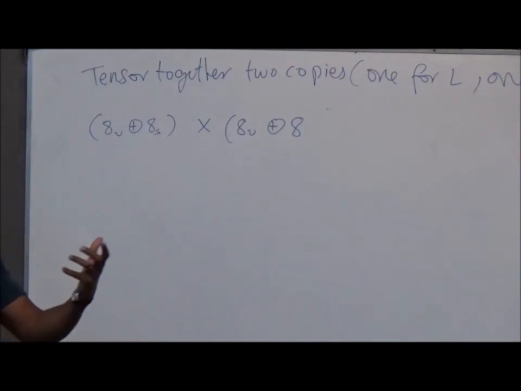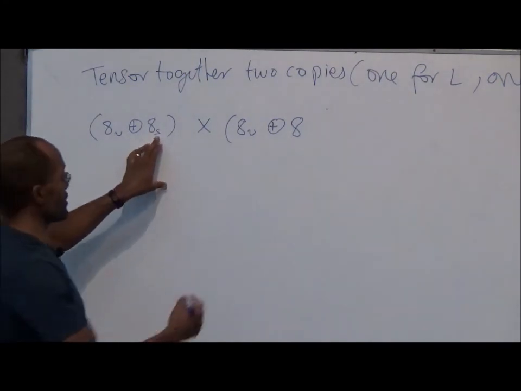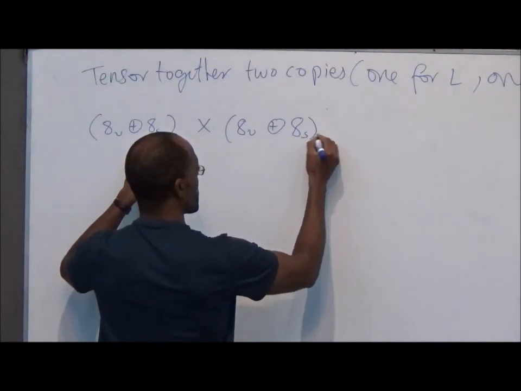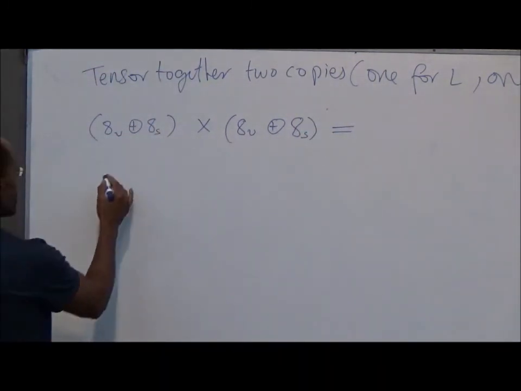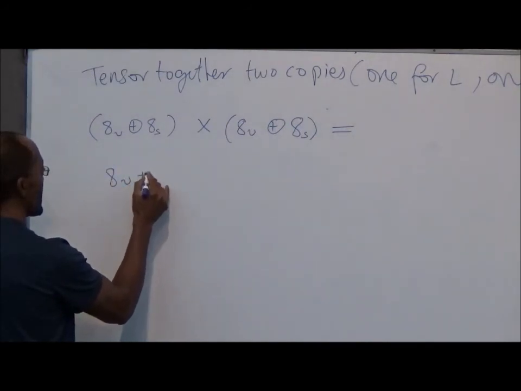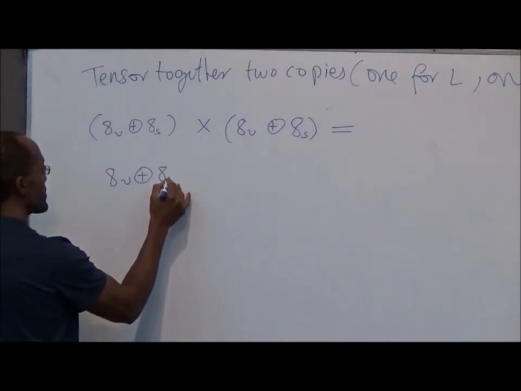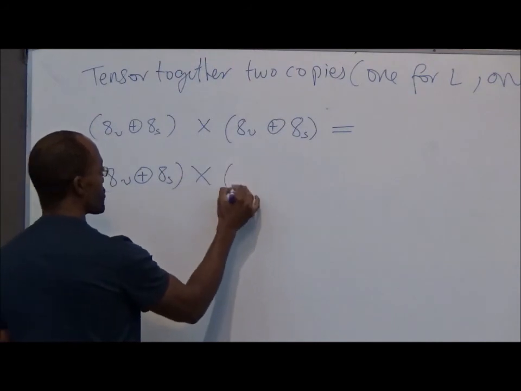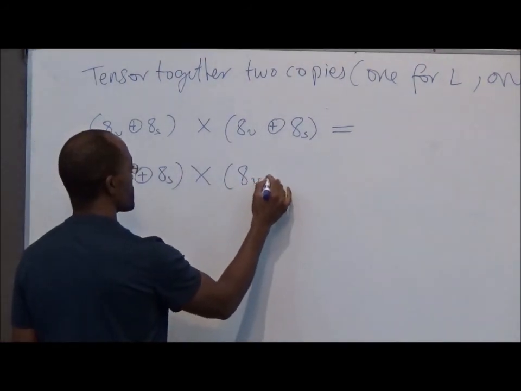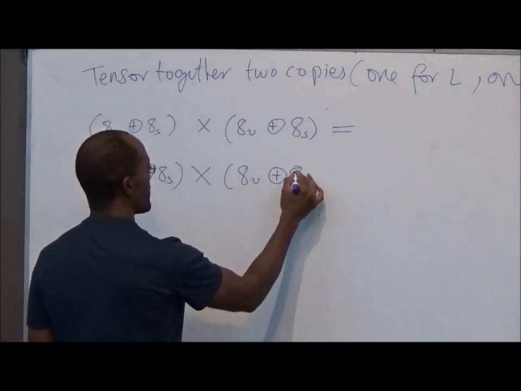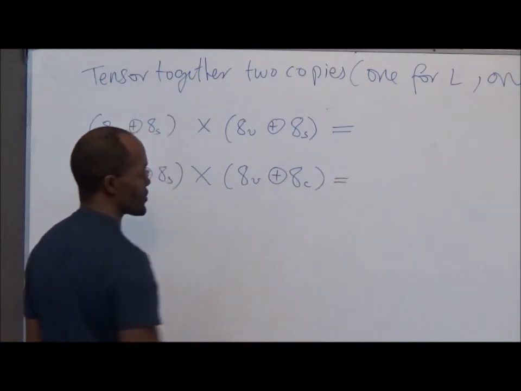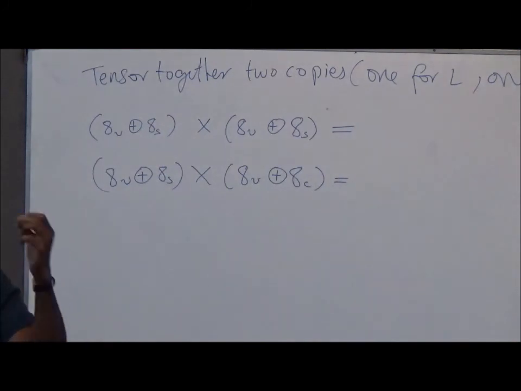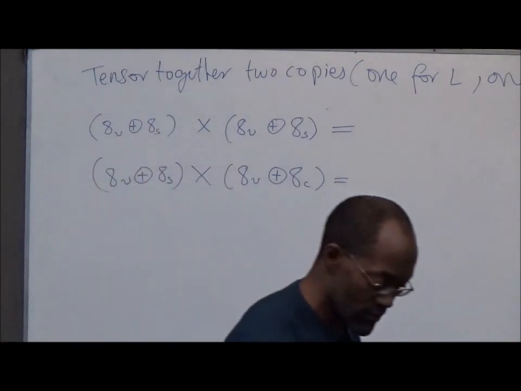So for the left moving sector, let's say I have 8s. So I can either also do that, or as I said, now I have both. I can make the choice as to whether I keep them the same or not. So that's why you have 2 10-dimensional superstring theories.